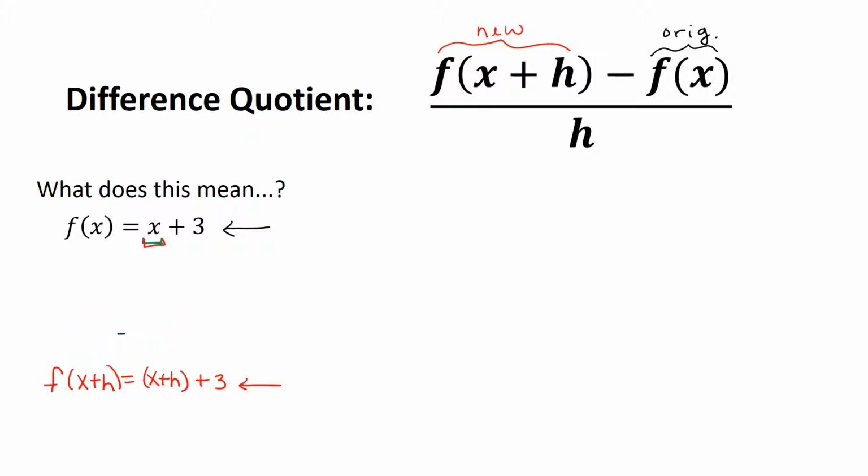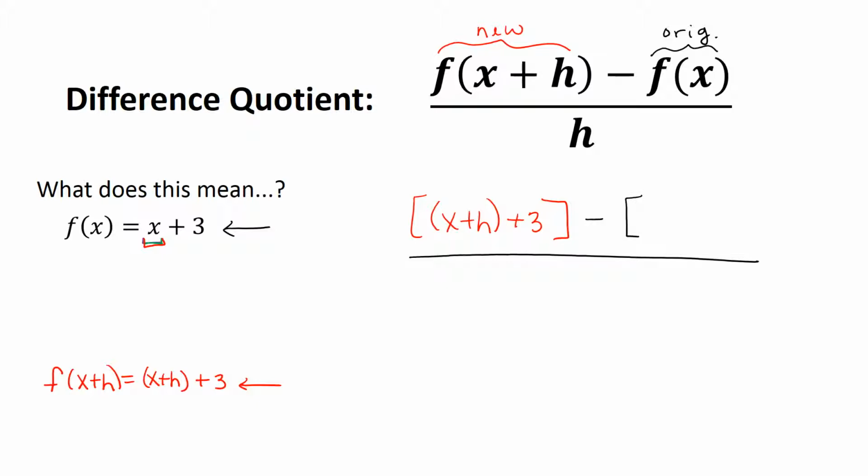Those are the only two pieces we would need. And so in this case, our function would be the new one, which was x plus h plus 3 minus the original function x plus 3 all over h.